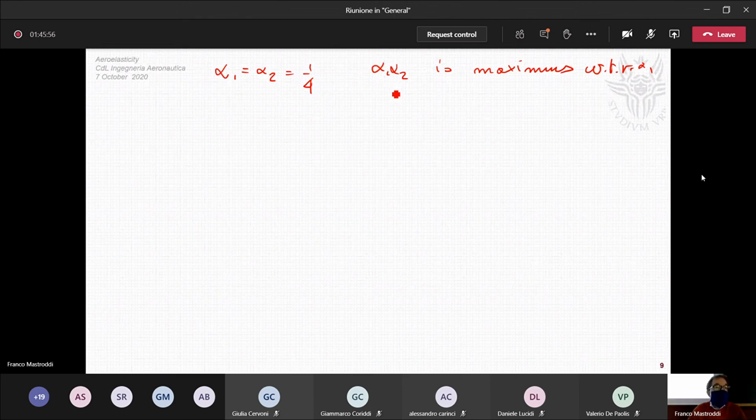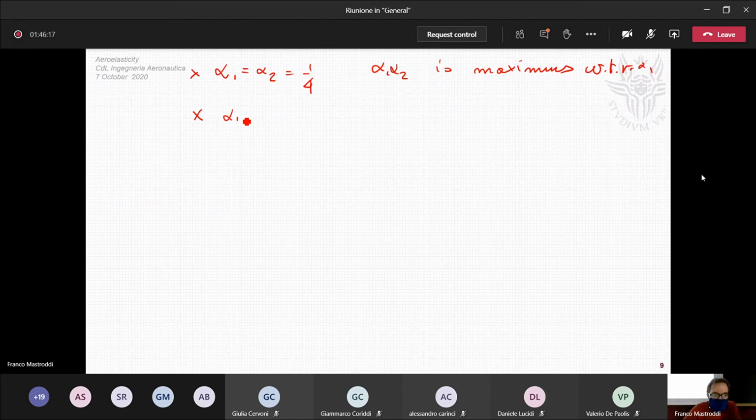So this is the best situation for instability, because you are moving your stability limit higher. But this is not the only characteristic for this parameter value.